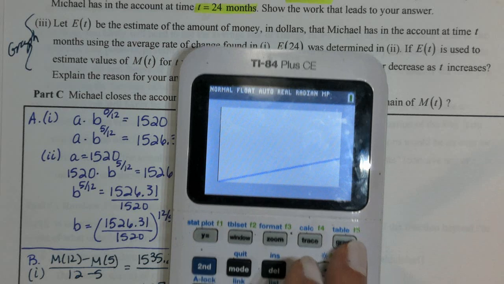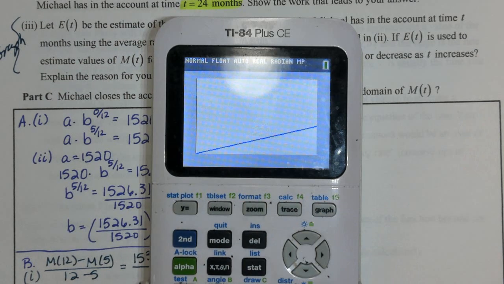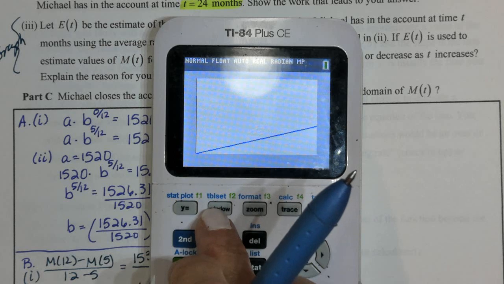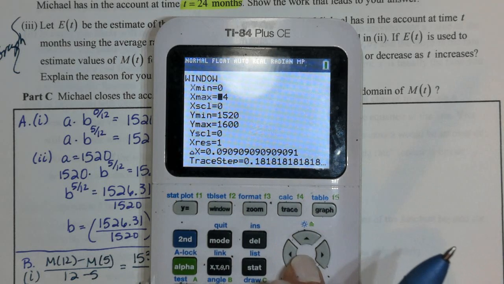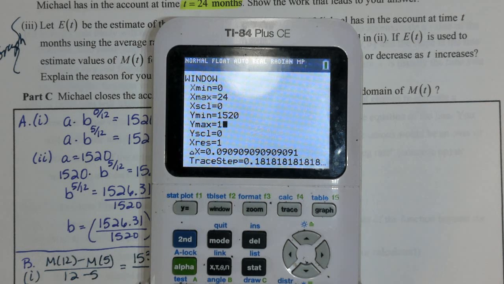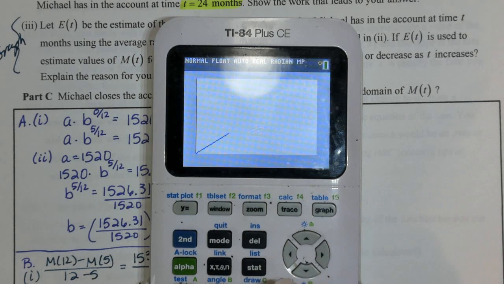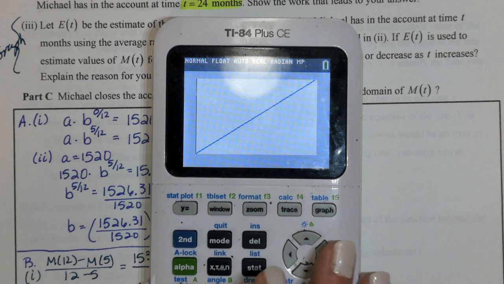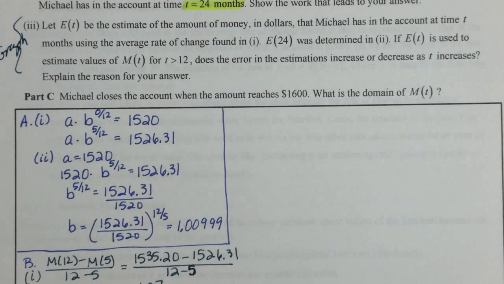Okay. Now that's hard to see, isn't it? Okay, I shouldn't have gone to 1600. Maybe I'll go to 1550? It is really difficult to tell that this is exponential, isn't it? Why is it difficult to tell?